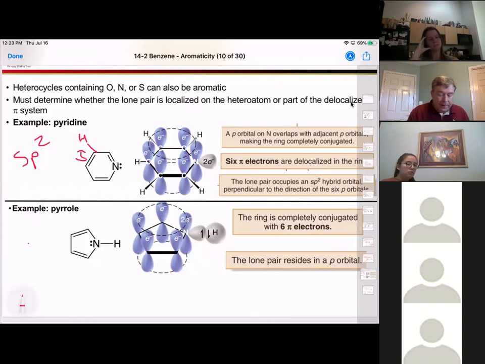Okay, so now we have to look at the nitrogen here. Now when we think about nitrogen, it's like, oh, is it really hybridized that way or what? Okay, let's look back to what ammonia looks like. Ammonia is pyramidal, right? Because the nitrogen is sp3 hybridized, it has a total of 5 valence electrons.